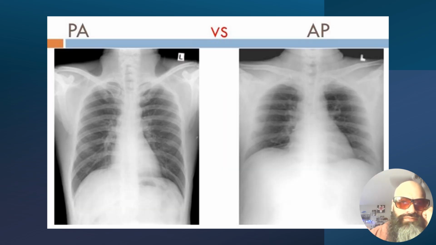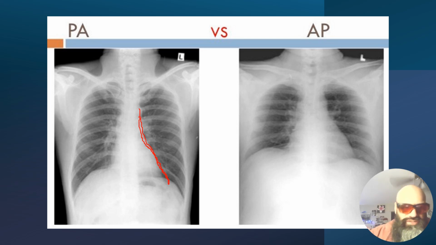Okay. So the closer an object is to the film, the sharper the borders are. So in this situation here, we have the PA view. Here we can see clearly distinct, sharp cardiac borders. We're able to see everything very clearly here.